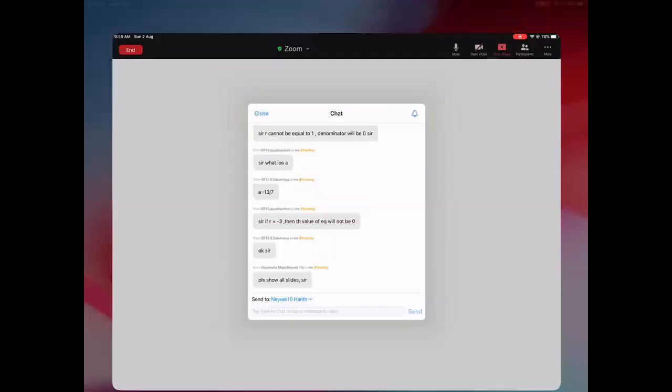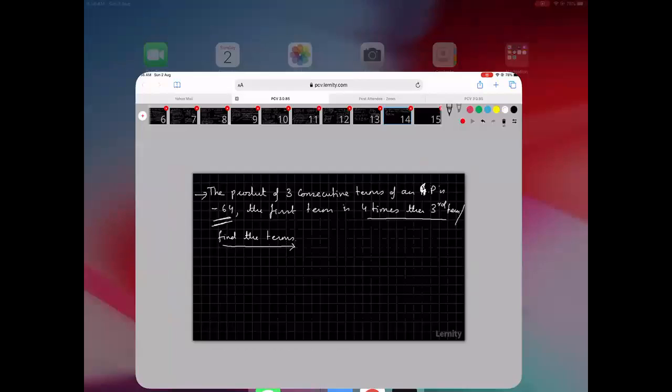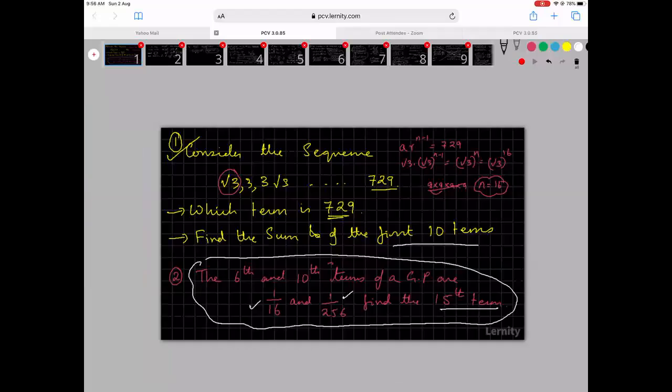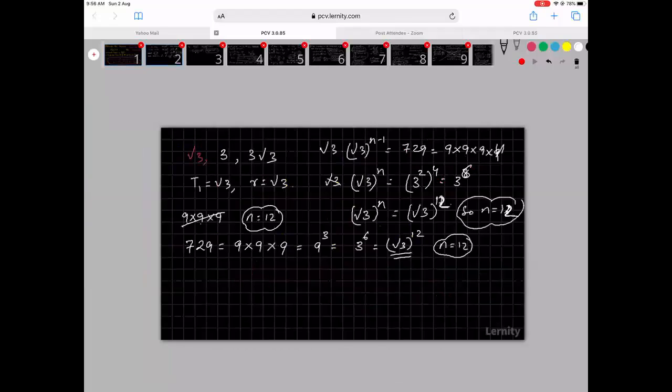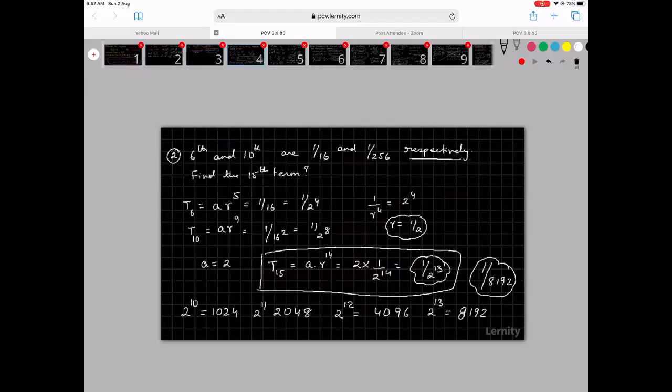Okay, I will show you all the slides. Here is the first slide. Here is the second slide. Here is the third slide. Here is the fourth slide.